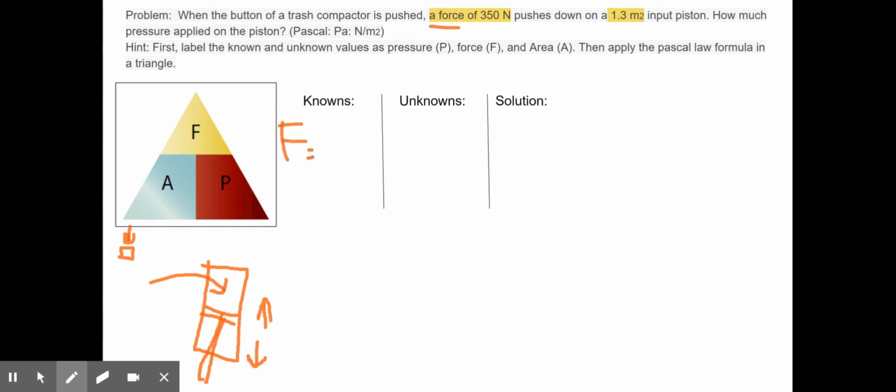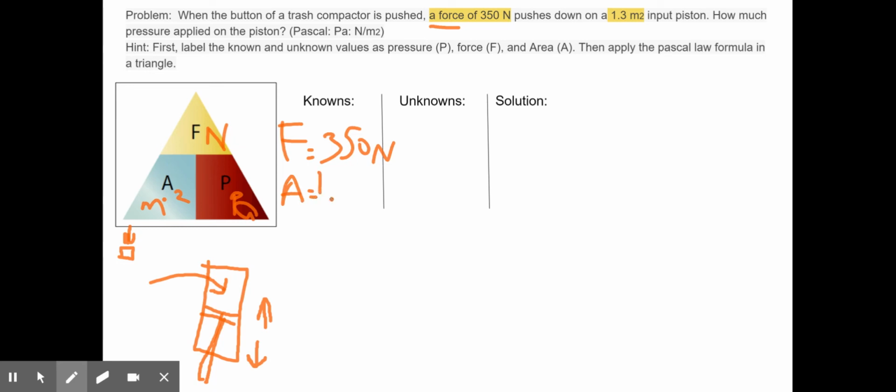So force equals 350. My son just can't control his voice in the background. And then 1.3 is the A. This is meters square, this is Newton, and P is Newton per meter square, or Pascal. And we know the A.